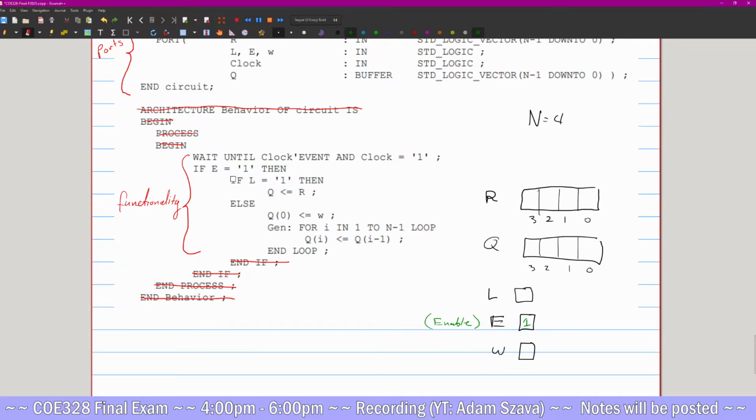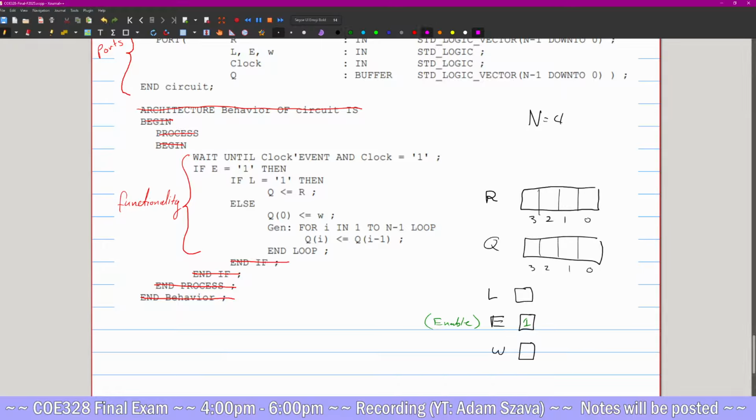If L is 1, then do something. If L is 0, do something else. So L seems to be some kind of control signal, right? It's controlling the behavior of the circuit. If L is 1, it does this. If L is 0, it does this. Okay. So let's first think about what happens if L is 1. If L is 1, then Q just becomes R. Right?